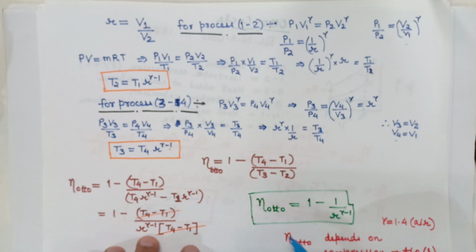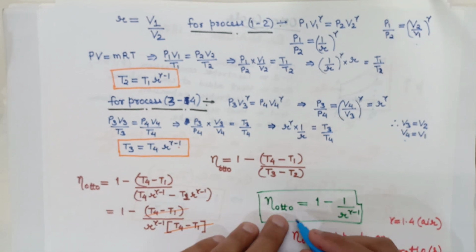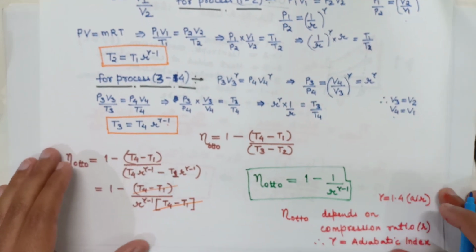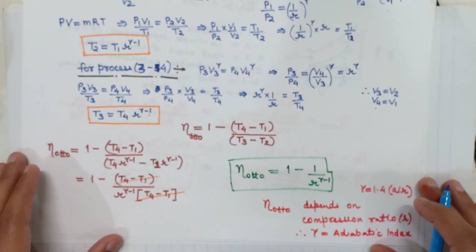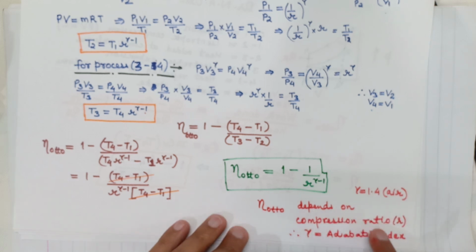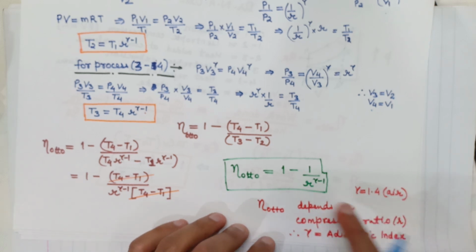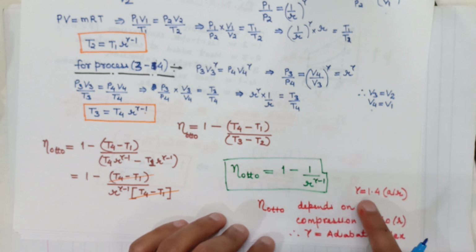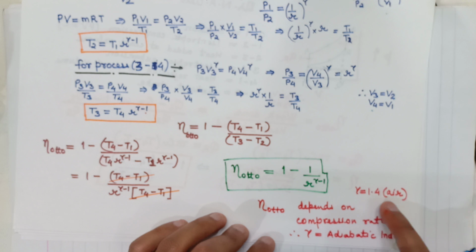Then the formula becomes: thermal efficiency of the Otto cycle is 1 minus 1 upon R to the power gamma minus 1. With the help of this formula, we can conclude that the Otto cycle depends only on the compression ratio R, and here gamma is the adiabatic index and the value of gamma is equal to 1.4 only for air.